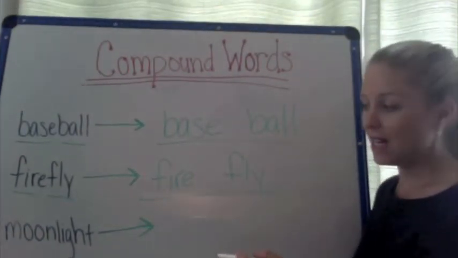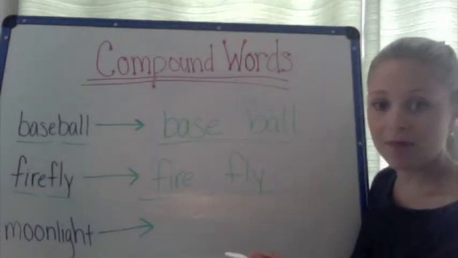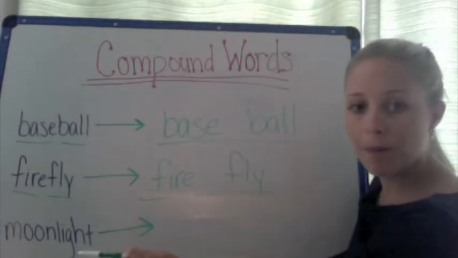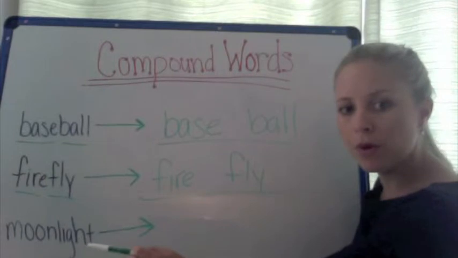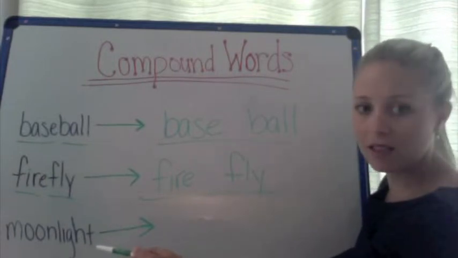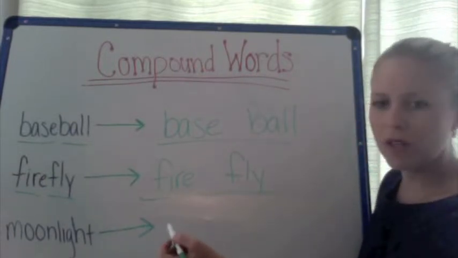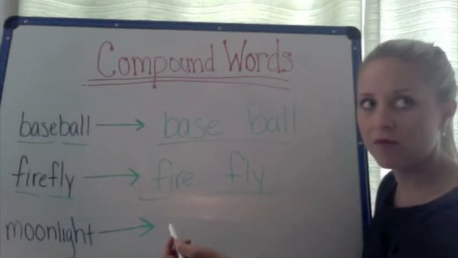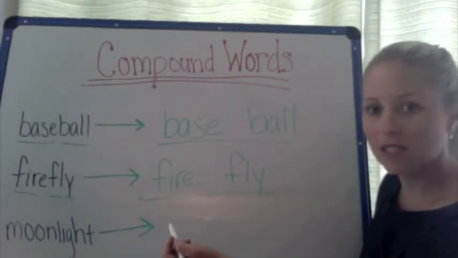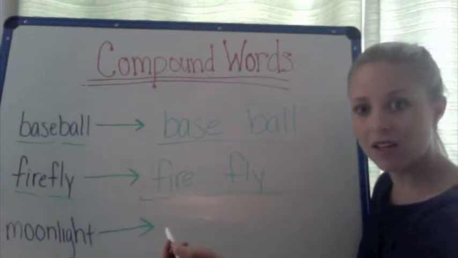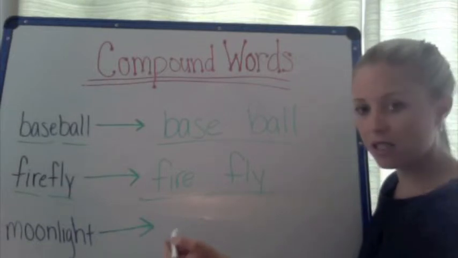All right, and now this last one, the same thing. We have the word moonlight. Moon, light. Moonlight. What two words do we hear in there? I heard light. Did you? Good. The first thing we hear is moon.